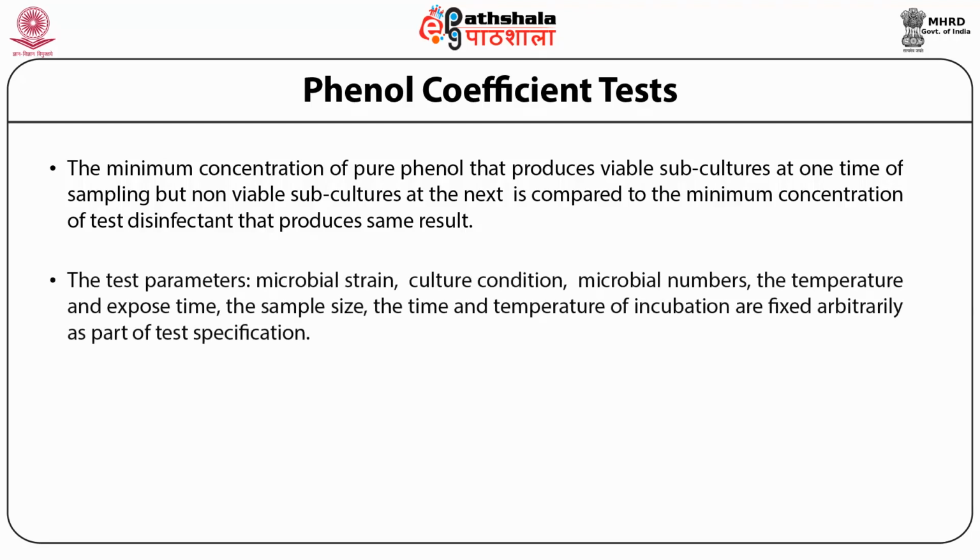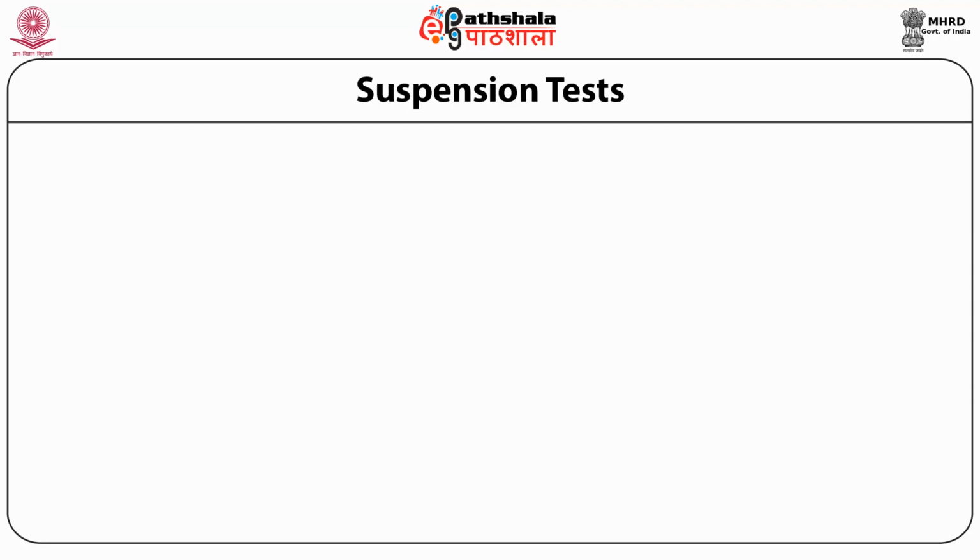The test parameters are microbial strain, culture condition, microbial numbers, temperature and exposure time, sample size, and the time and temperature of incubation, which are fixed arbitrarily as part of the test specification. The phenol coefficient test is performed by suspension test and surface film test.